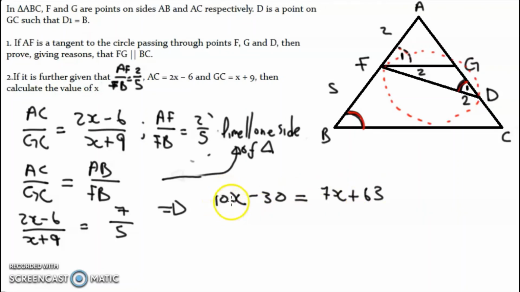And then 10x minus 7x is going to be 3x. And 63 plus that 30, because when 30 comes to the other side it becomes positive, is going to give us 93. And then we're going to divide on both sides by 3. We will then have x is equal to 31. So that's how you do these two questions here.